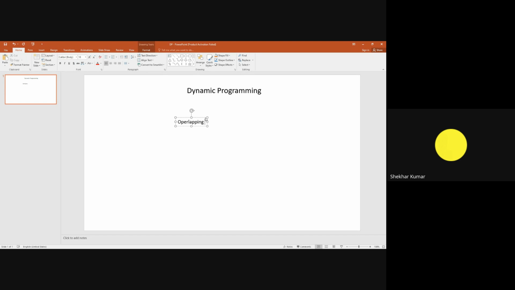Then in the end, we find out the optimized result of the complete problem. So a dynamic algorithm uses memorization to remember the output of already solved subproblems.